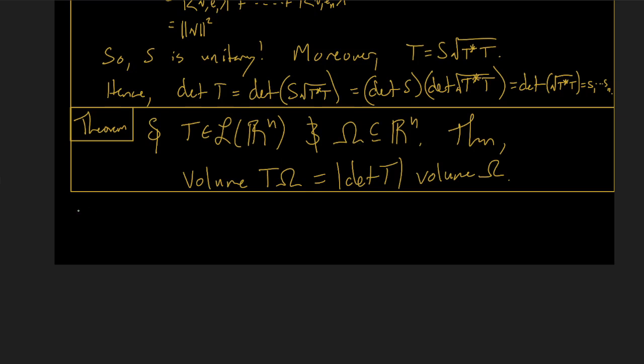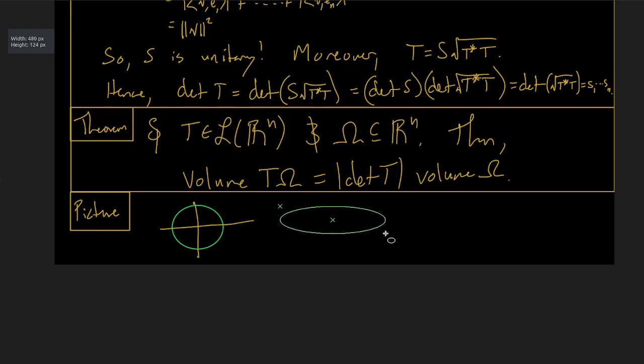Okay, here is the picture of this. The idea is that if you have a ball in Rn, then you'll map it over to some kind of an ellipsoid.